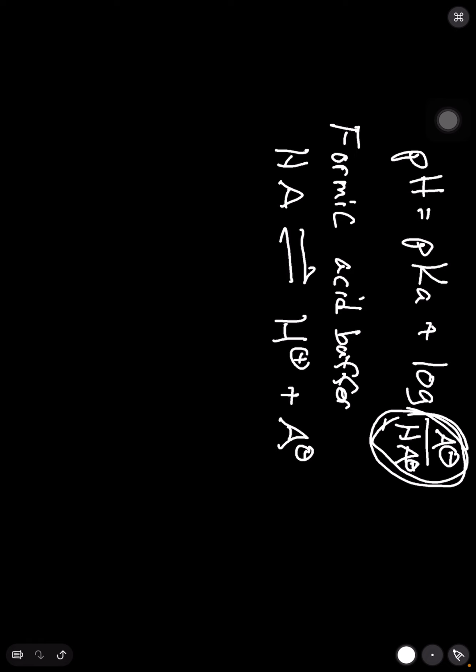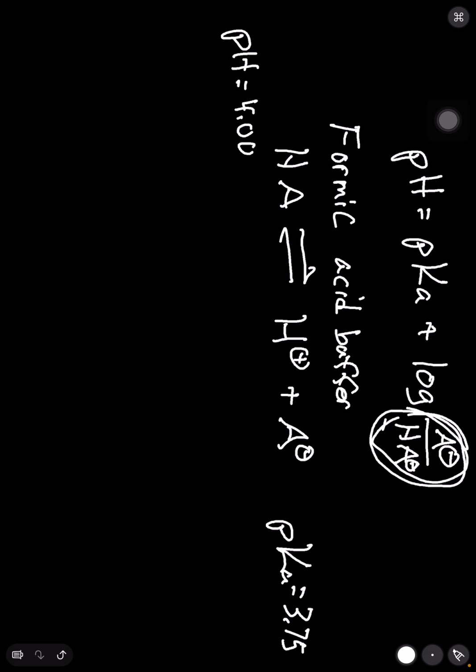Formic acid is a monoprotic acid, and its pKa is 3.75. Usually when we make a buffer, we want it to have certain parameters. One parameter is, what do you want the pH of this buffer to be at the very beginning? Let's say our target pH is 4.00.